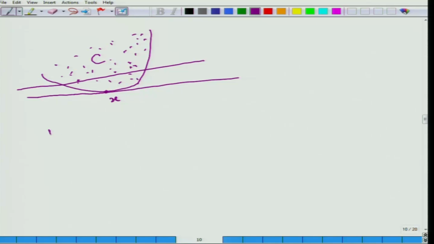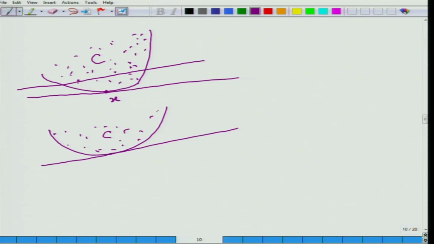But here in this case, where I have just the set C and a point here, and I draw a line here, for example, tangentially as it looks in the picture, then C is in one half space, it does not spill over to the other half space. This is called a supporting hyperplane.